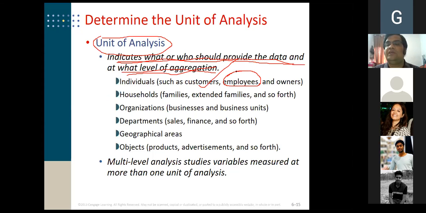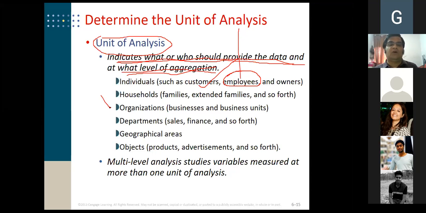The employees, because the employees are leaving, right? They are getting better jobs, they are leaving the organization, and employee turnover is high. As the employee turnover is high, the management has to recruit another set of drivers, and their recruitment costs are going high. So my unit of analysis in this case are the employees, the truck drivers.